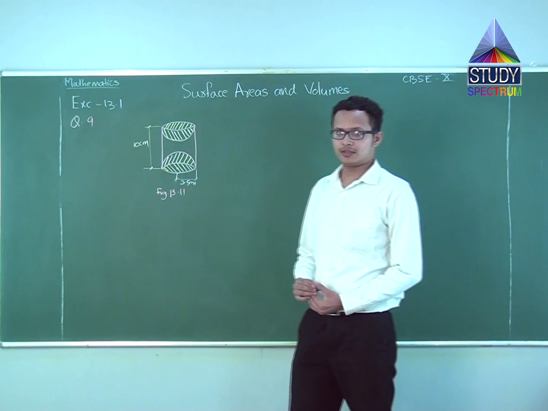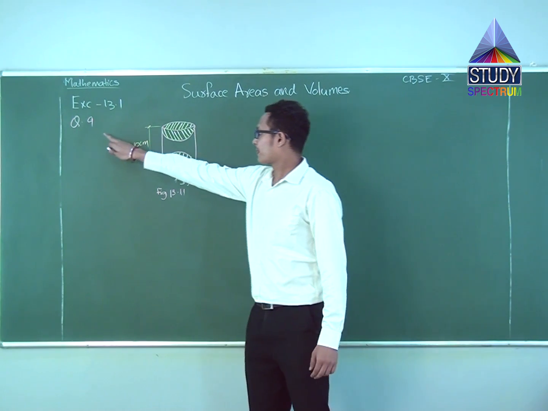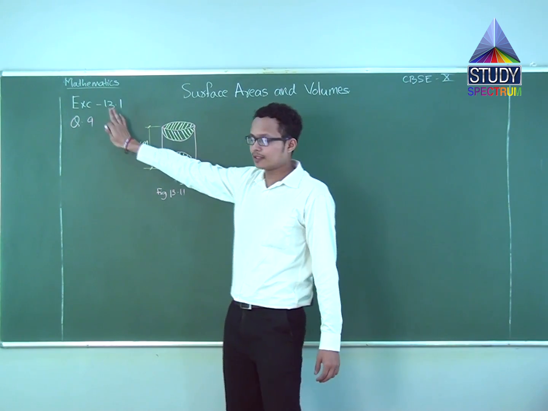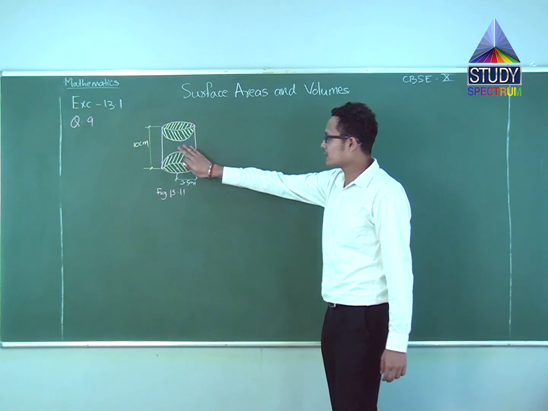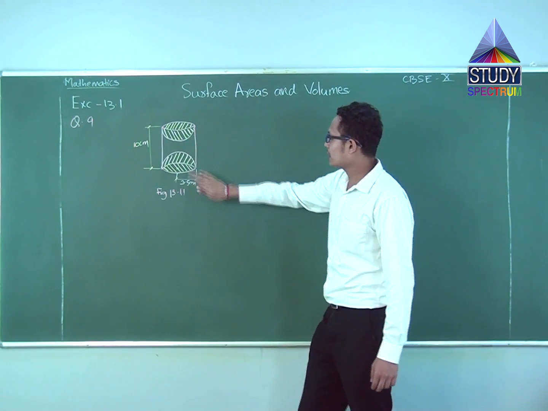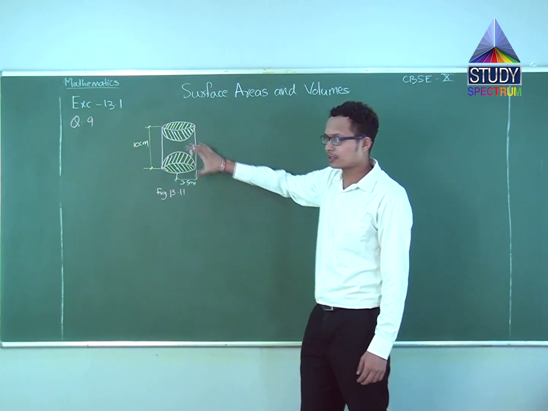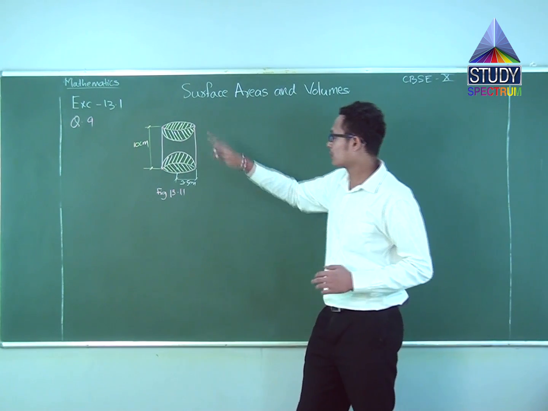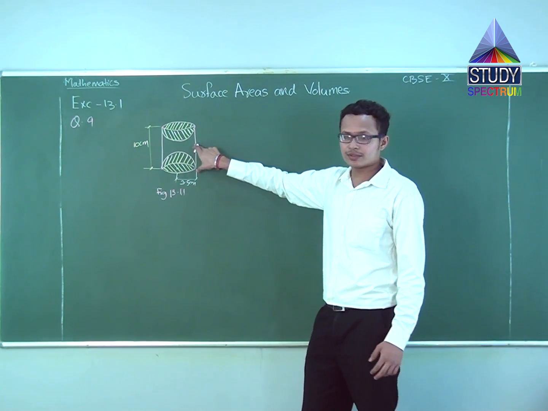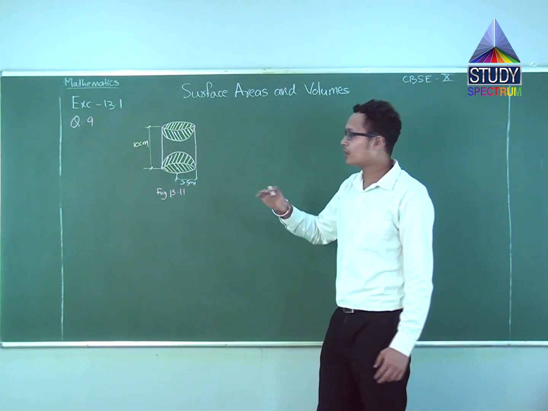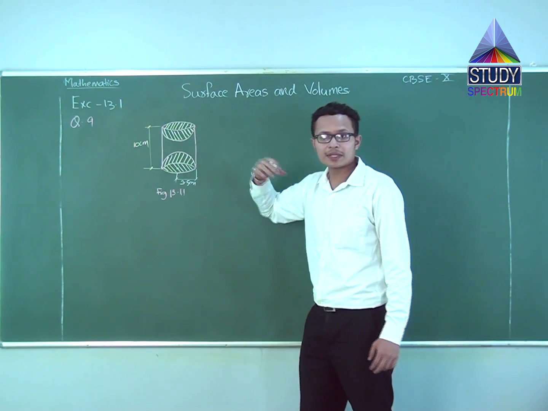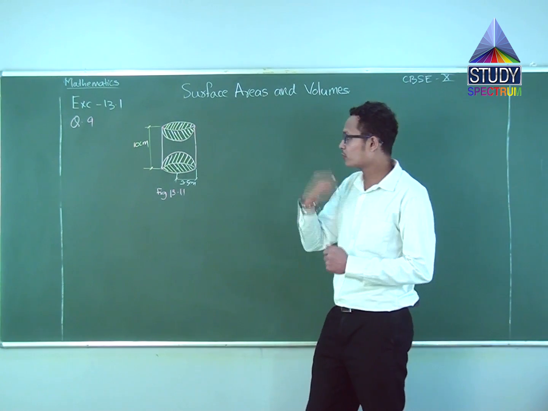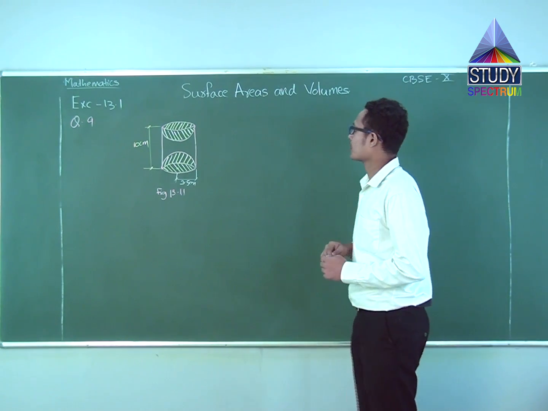Coming to the next question, I have chosen the 9th question from exercise 13.1. This is a wooden article. In this wooden article, there are two regions that are scooped out, or carved out, just removed from the whole section. Earlier it was a wholly complete cylinder, but hemispheres are being carved out from that section.